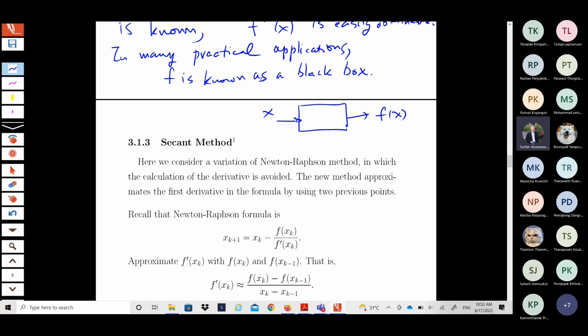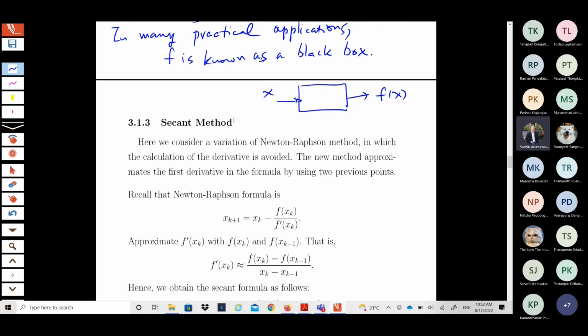We compute f for a few values of x to estimate the derivative.